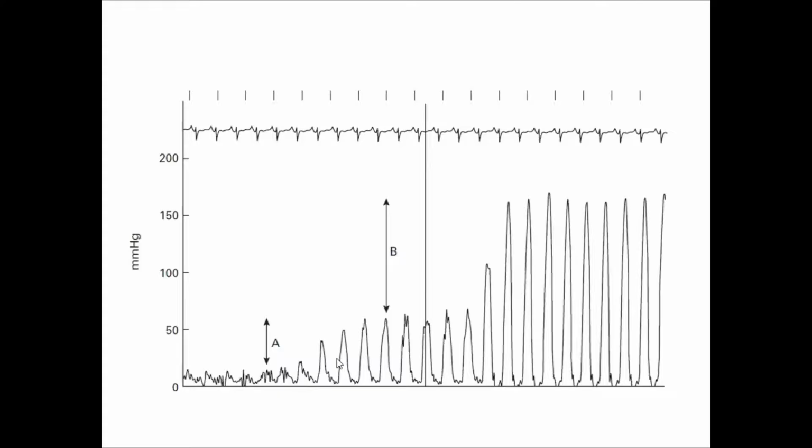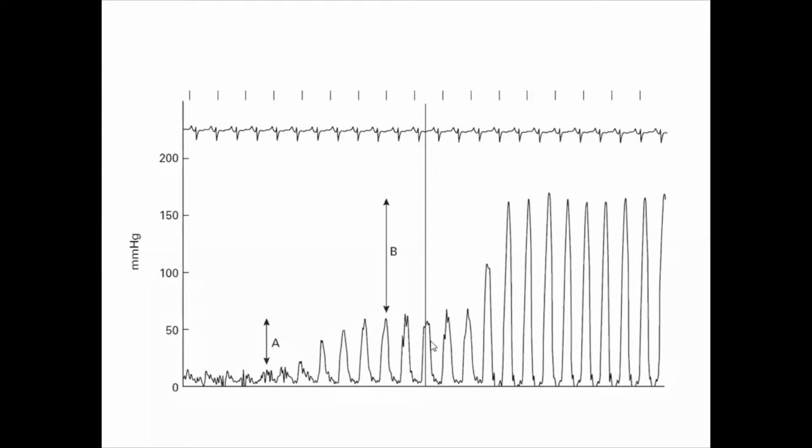So there is a systolic gradient between the pulmonary artery and the RVOT, indicating valvular pulmonary stenosis. Then, withdrawing from the RVOT to the RV cavity, there is another gradient, which is B. Here I have, again, a systolic gradient.